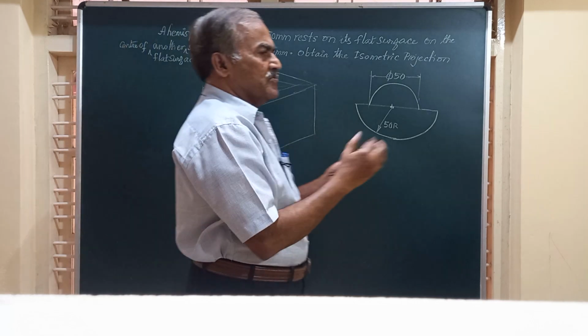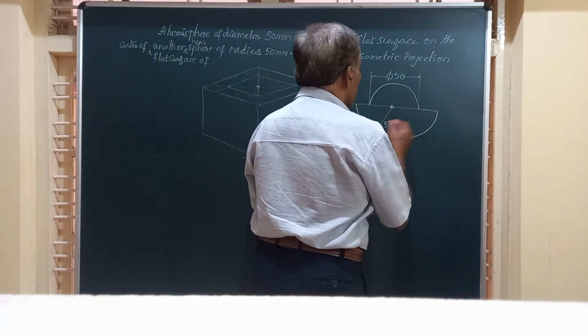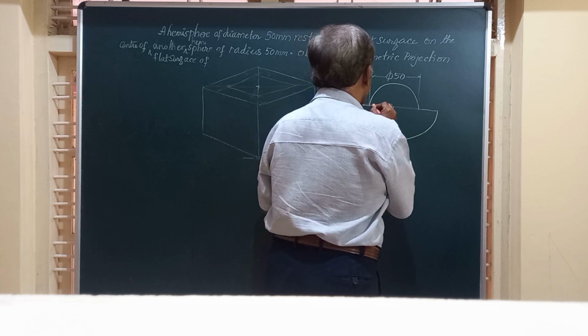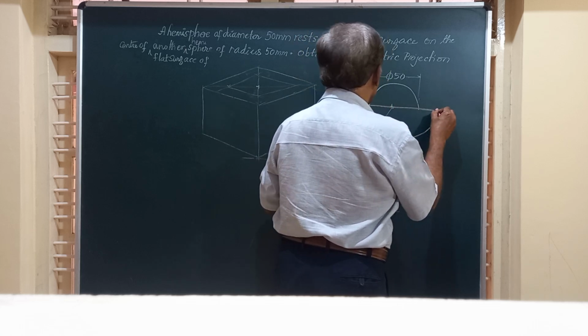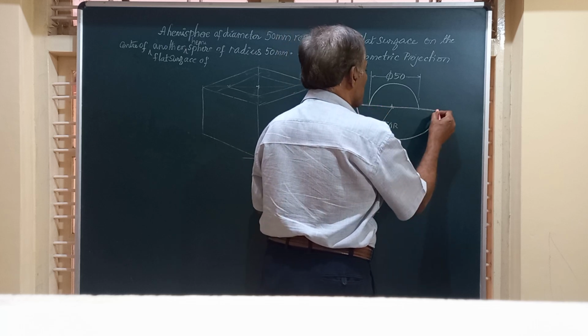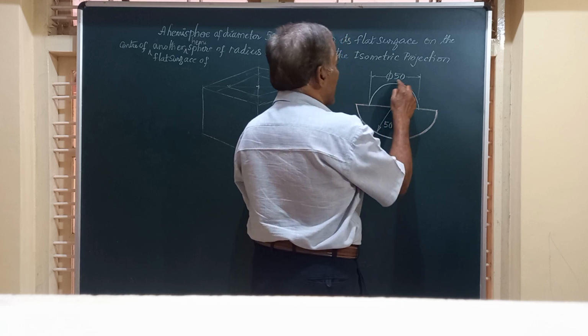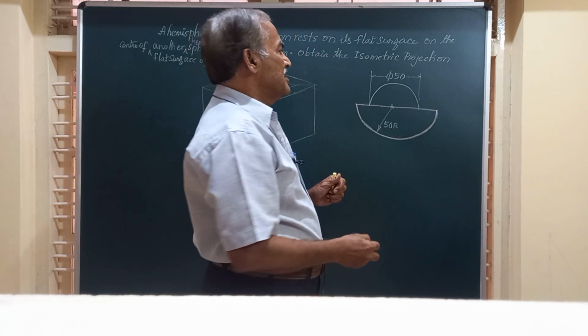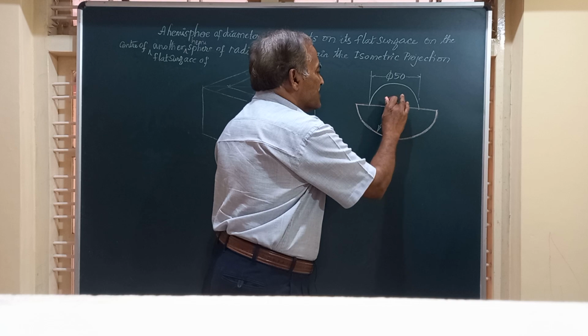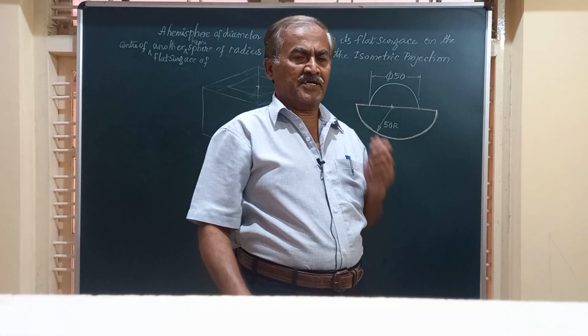So, friends, we have got a bigger hemisphere which has a radius equal to 50 millimeter, and the other one is a smaller hemisphere which has a diameter equal to 50, such that the center of this and the center of this lie at the same height.